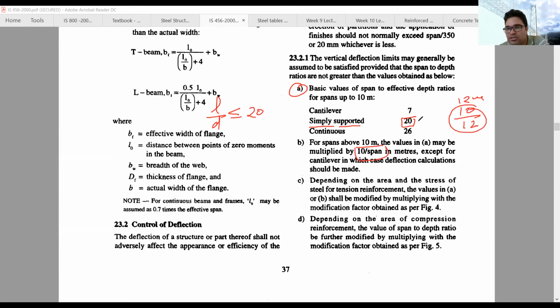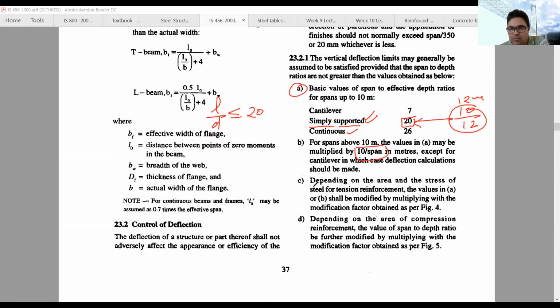This is except for cantilever, in which case deflection calculation should be made. This is only for the simply supported and continuous beam case. In our case, mostly we will be designing for the simply supported case, so we multiply that.